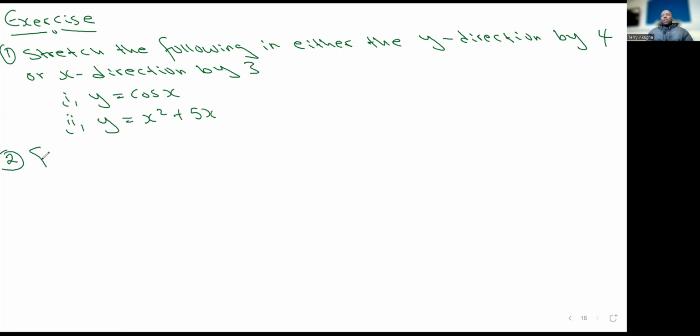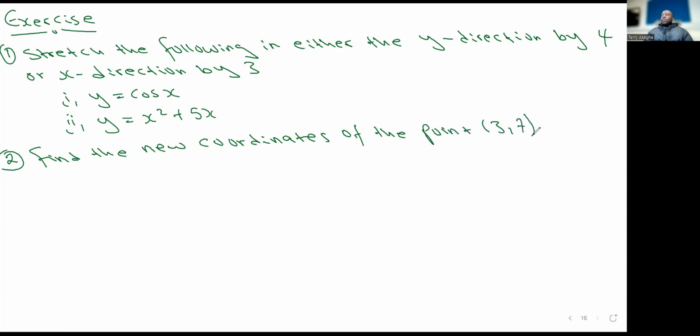And number 2, we have find the new coordinates of the point 3 and 7, which is on f of x after the following transformation.